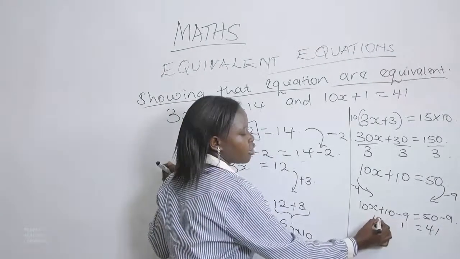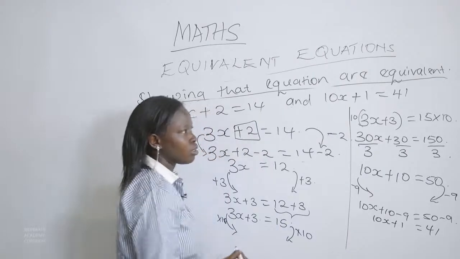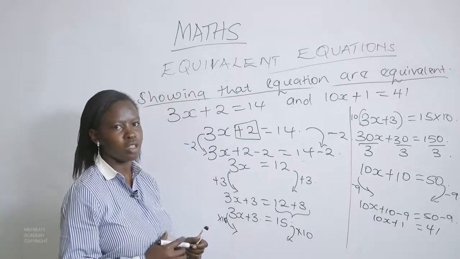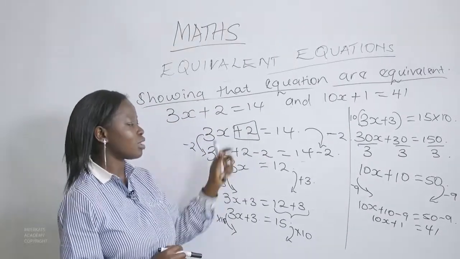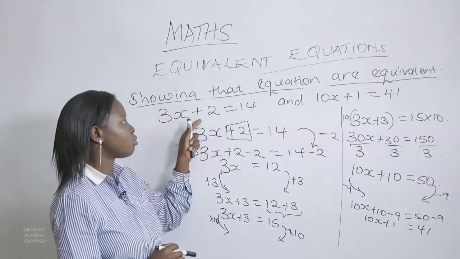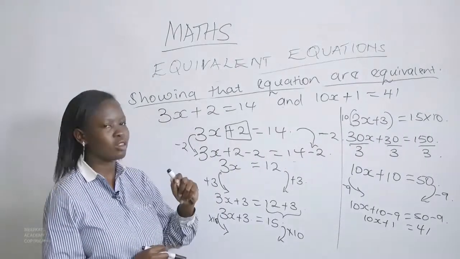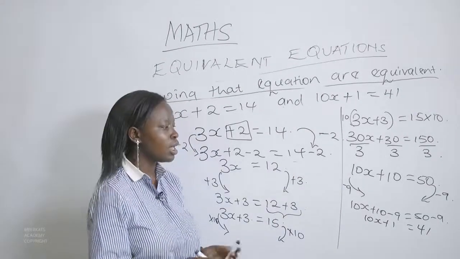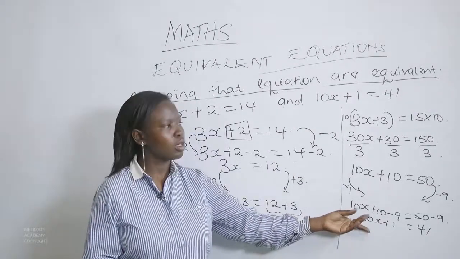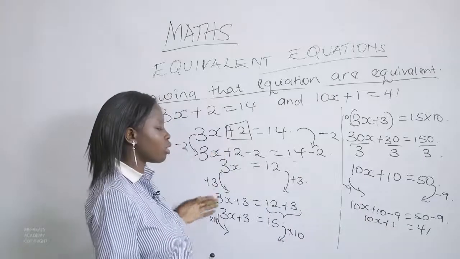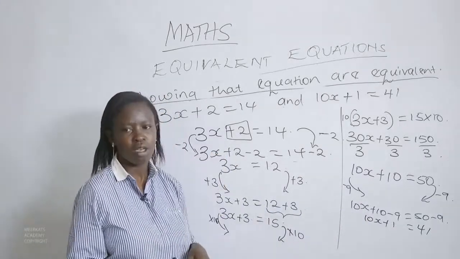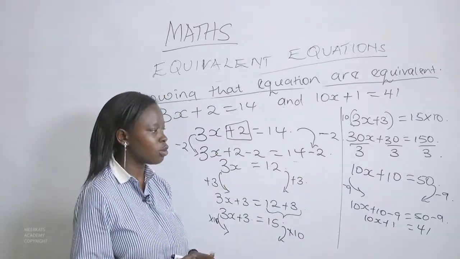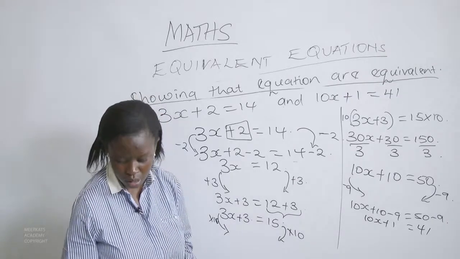So I'll have 10x plus 1 is equal to 41. So this means that the equations 3x plus 2 is equal to 14 and 10x plus 1 is equal to 41 are equivalent equations, even though we have to go through various steps to find out if they are equivalent or not.